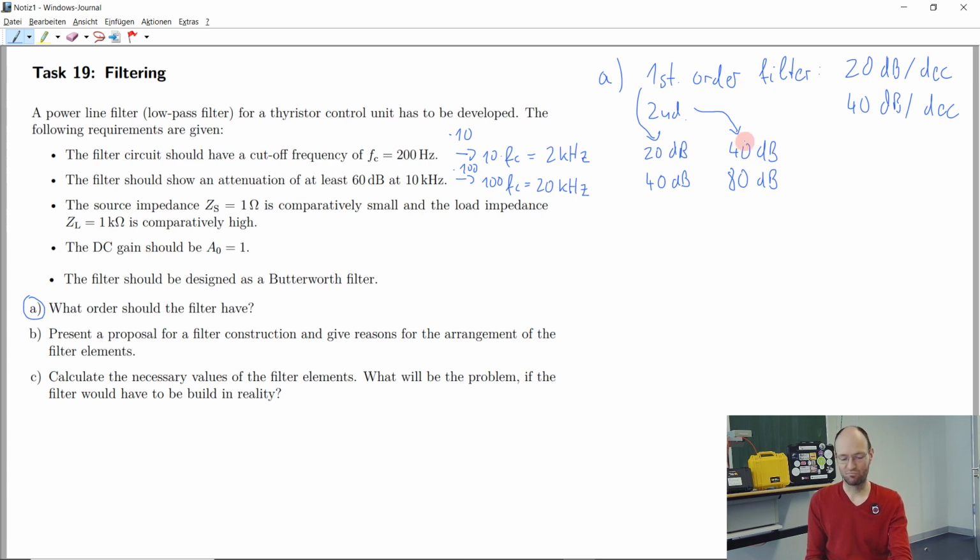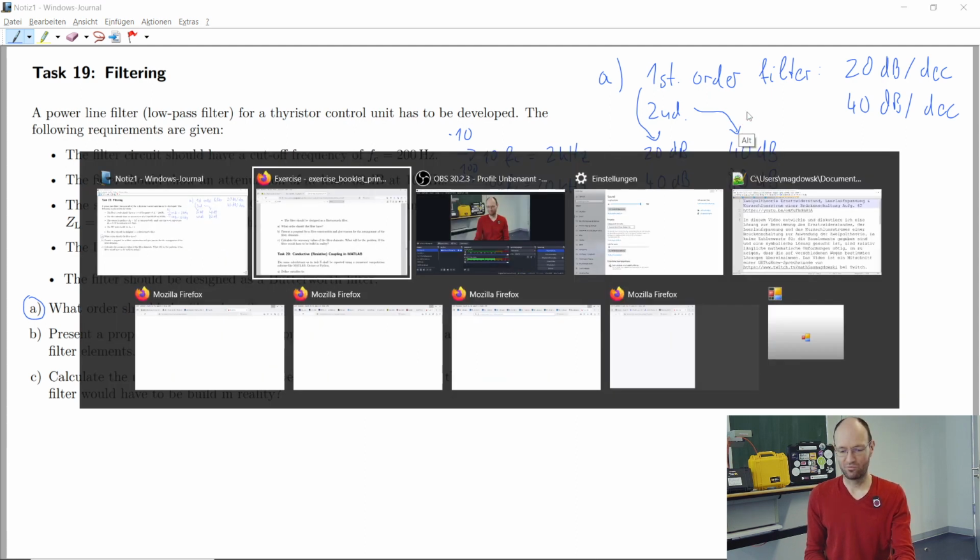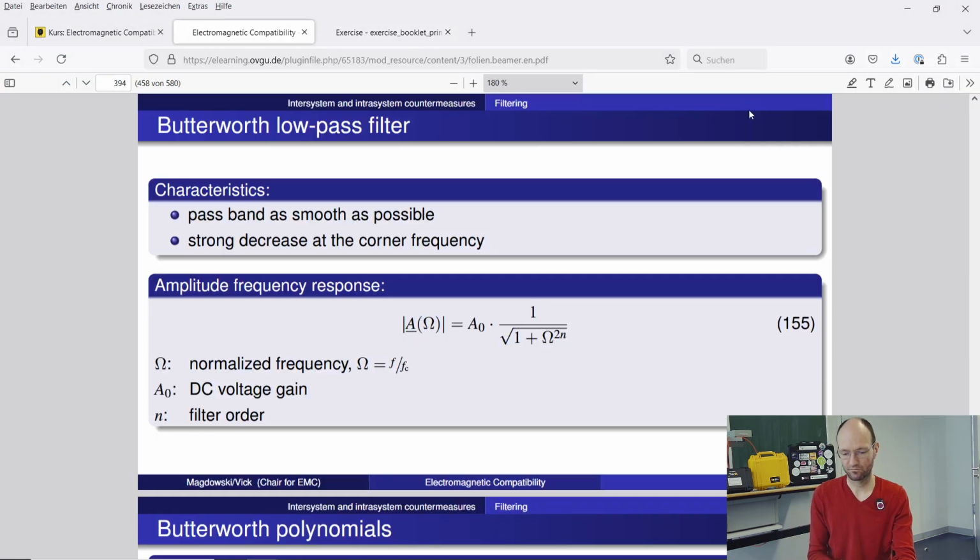Of course, do you have any other ideas how to determine the order of the filter that we need in this case? Or you can check the lecture slides. For a Butterworth low-pass filter, there is this formula given for the amplitude frequency response.